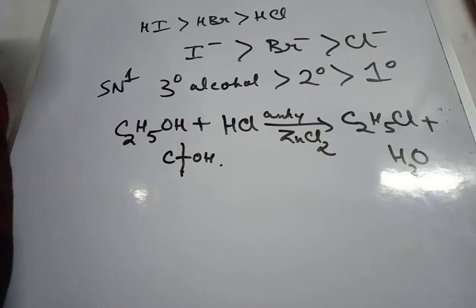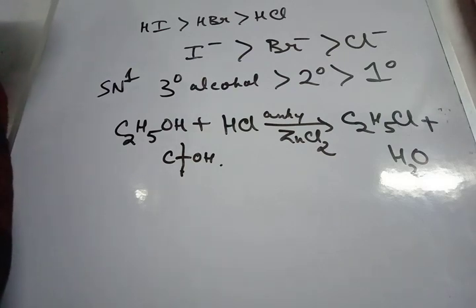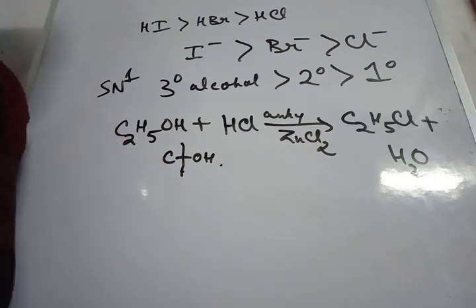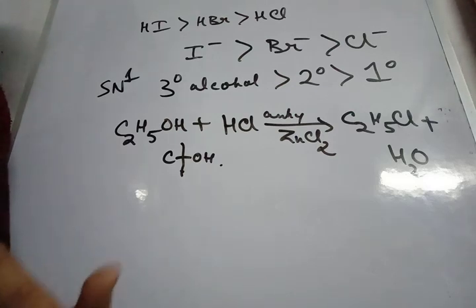Tertiary alcohols, being highly reactive, can react readily with concentrated HCl even in absence of zinc chloride. We know if it is a tertiary alkyl halide, then obviously it must proceed via the carbocation form. So in that position it is highly stable, because we know 3 degree carbocations are highly stable due to the inductive effect or hyperconjugation effect.